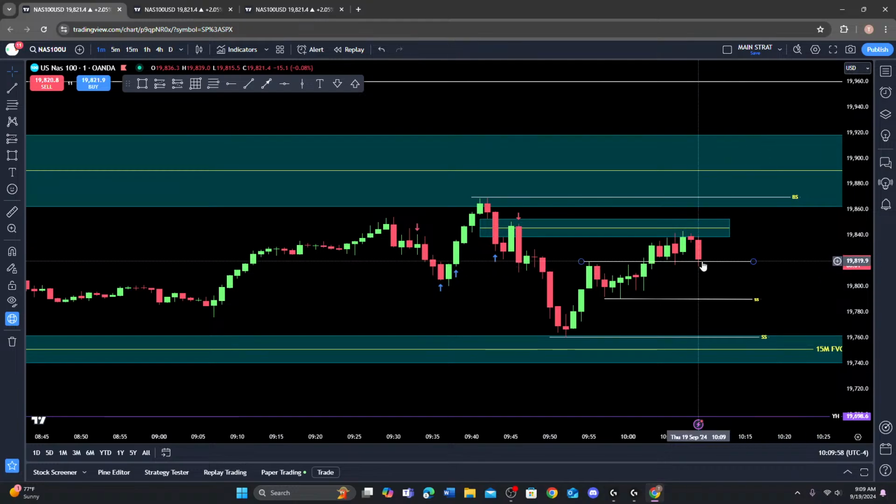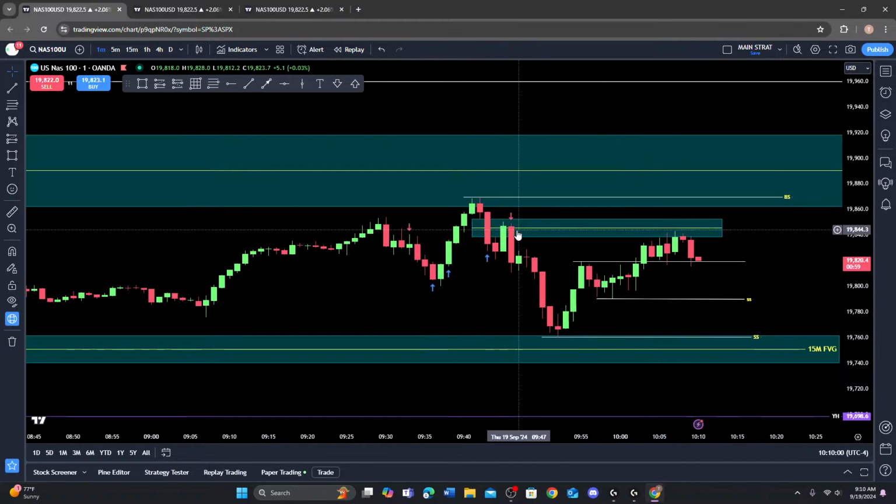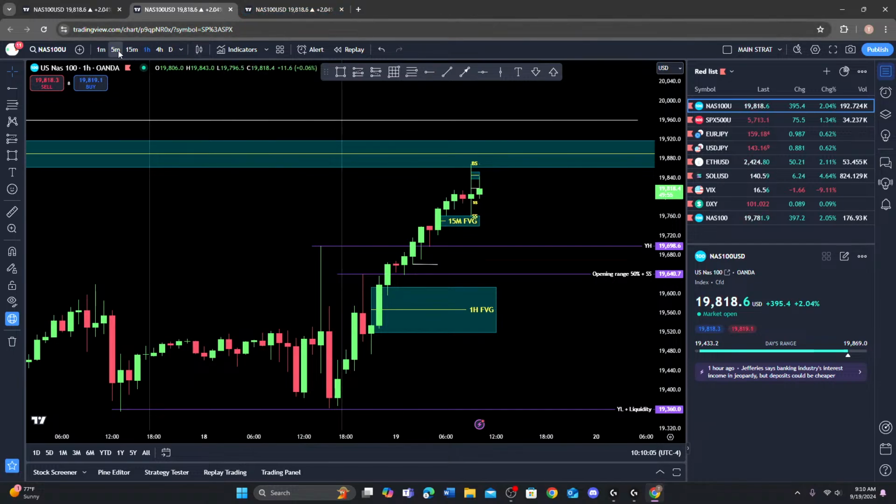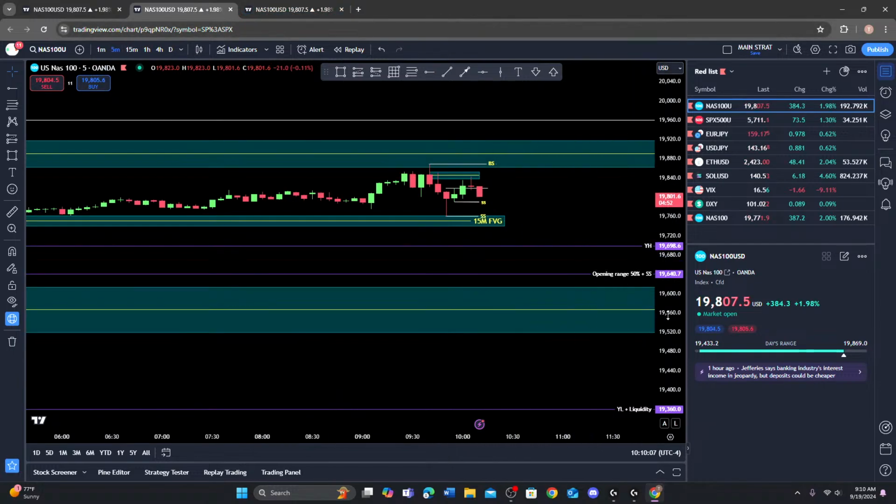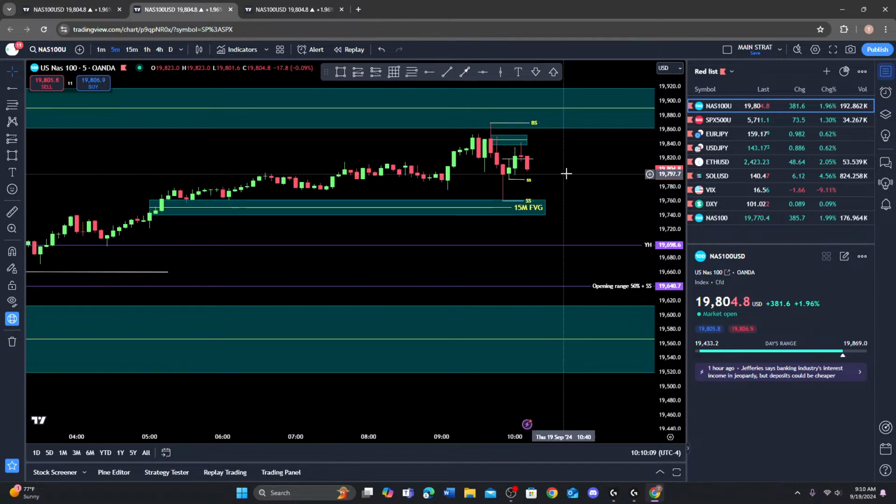So looks like we got a little bit of rejection off of that fair value gap here. Look at my 5 minute. I'm gonna see if there's anything.